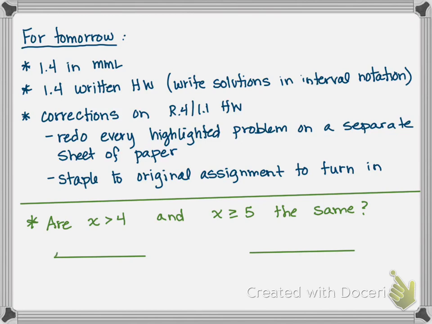So x greater than 4 includes all of the numbers between 4 and 5, whereas x greater than or equal to 5 doesn't include those numbers. So if 4 is here and 5 is here, these are what the two sets look like.